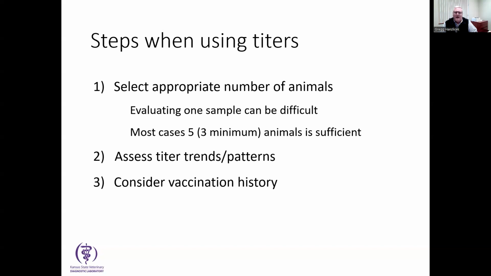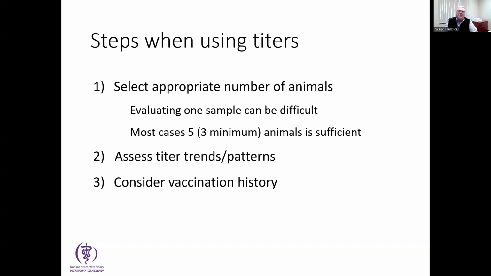We would prefer a minimum of 3 of the open animals. 5 in most cases is a perfect number to sample. If we could get 2 to 3 of the pregnant animals and look at those antibodies, that does give us a little bit of an idea of what the herd baseline level is, but that's an option. So 5 serum samples from 5 of the opens is very, very good.